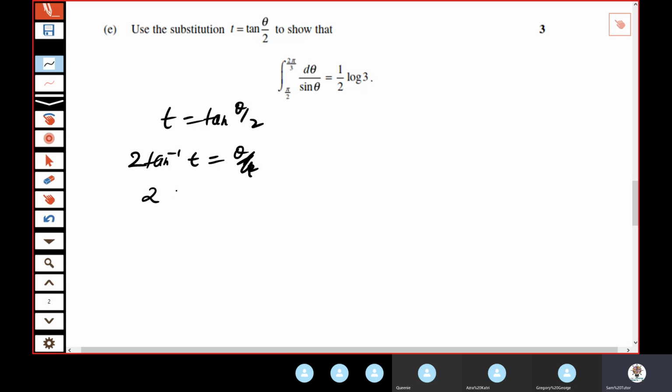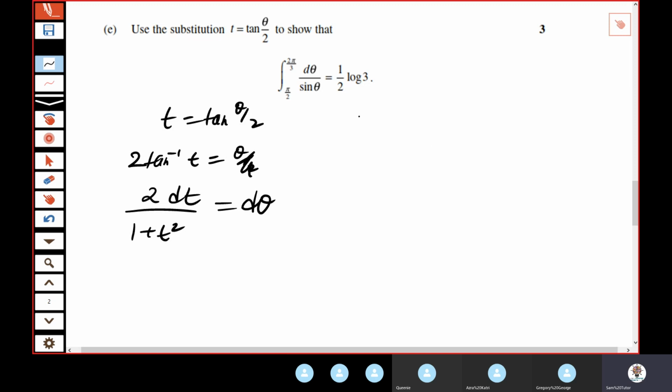So we're going to get 2 times the derivative of inverse tan, which is 1 on 1 plus t squared, because we know the integral of 1 on 1 plus t squared is inverse tan. There's your dt, and d theta. That is just a constant step that you pretty much have to memorize.